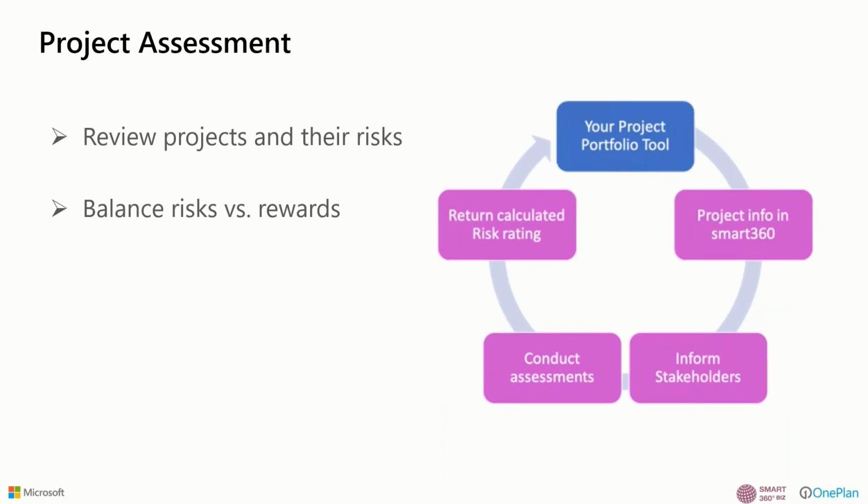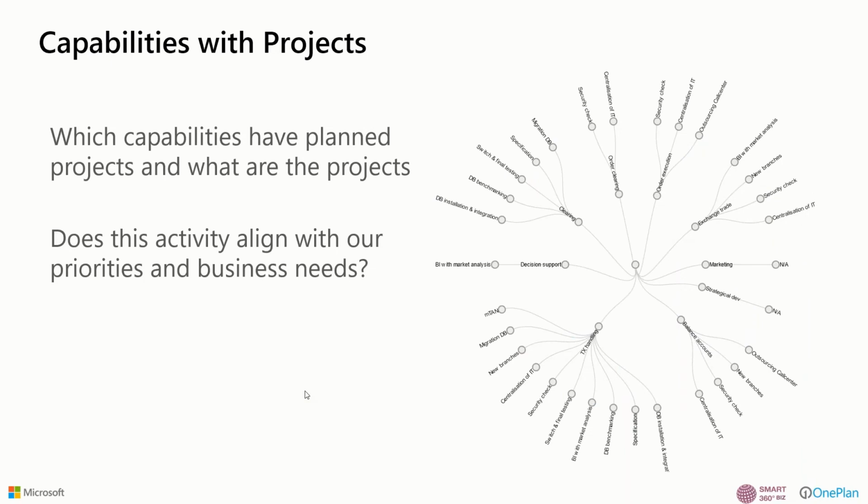Project assessments, if you're looking at again establishing those connections, how does that project and its application landscape and technology landscape, how is that operating within IT? Are there risks that we're assuming? So all of that can be done through incorporating enterprise architecture management and business architecture.